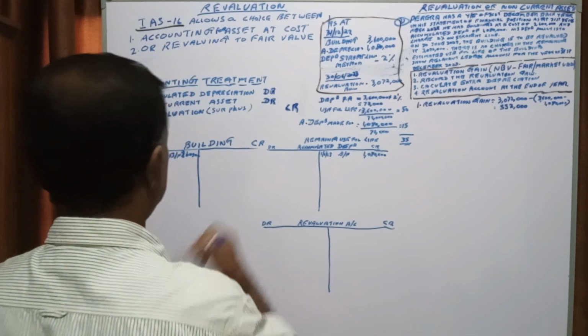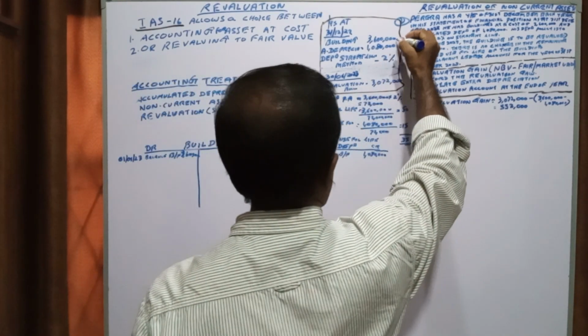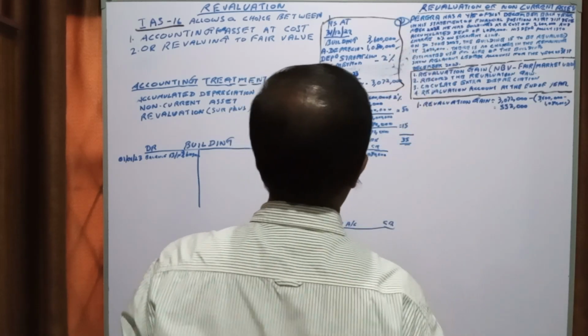The transaction started here, 3,600,000 brought forward. Okay.